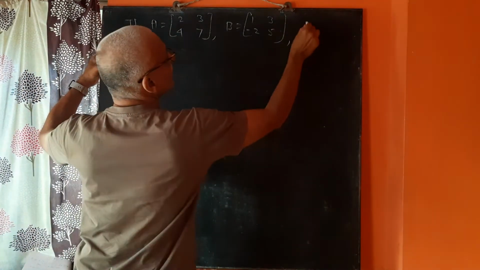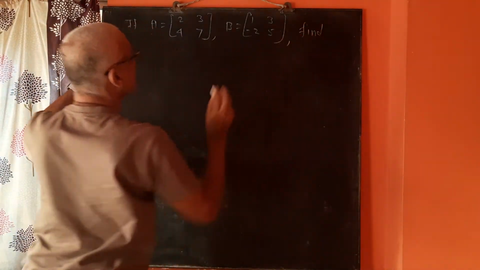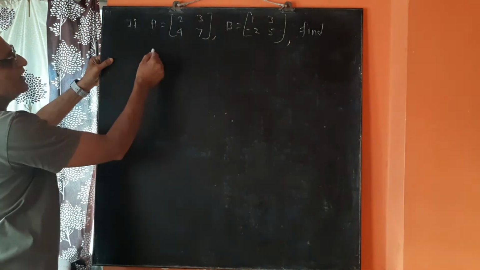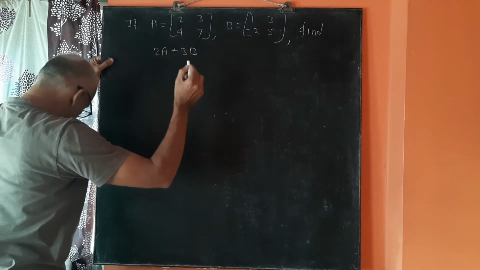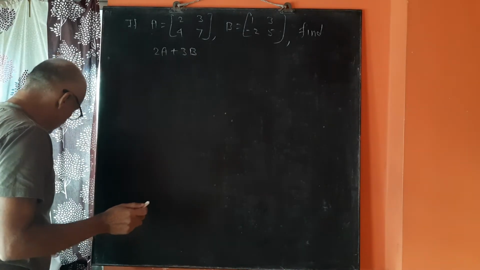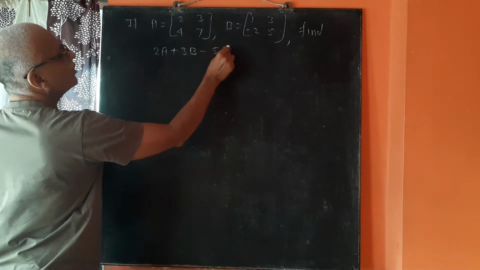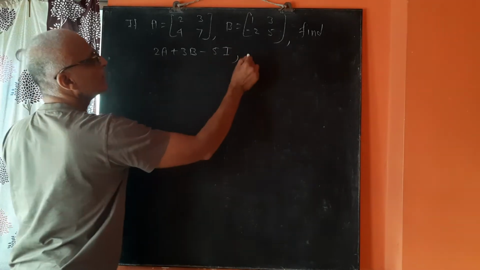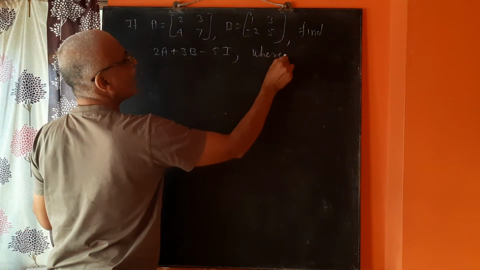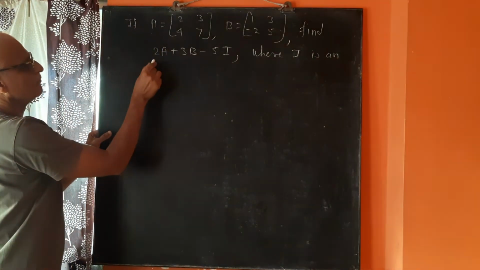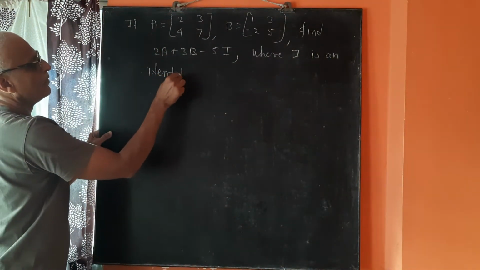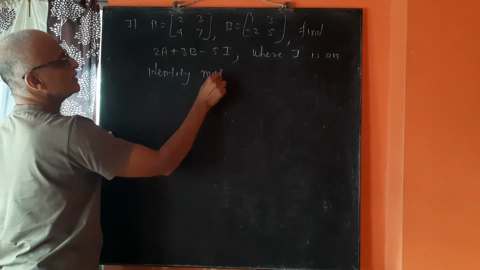Find 2A plus 3B minus 5I, where I is an identity matrix.